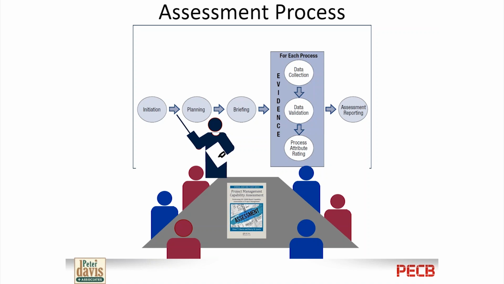So once we have all that, our measurement framework, some ratings, and a process reference model, we can start our assessment. It's fairly simple: we do some initiation. For the initiation, we do some fact finding. We talk to the client, the process owner, the sponsor, various people.